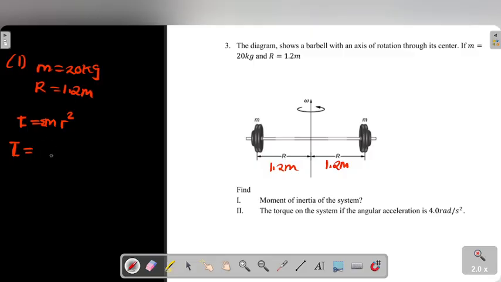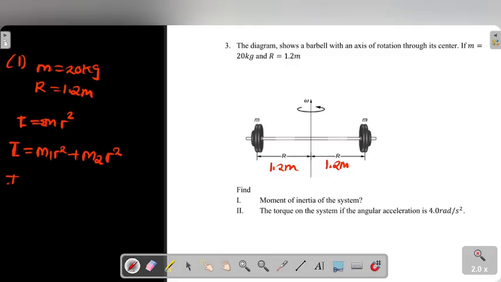Here we can see that we have two masses. You have the first mass here and also the second mass on the other side. So for the first side, we name it m1, times the radius, which is the same, plus mass number 2 on the other side. The mass is identical here, then this is r squared.